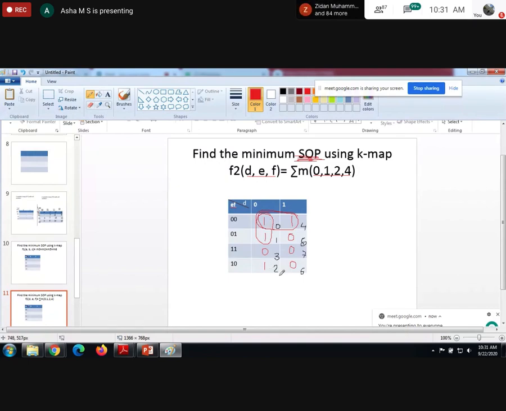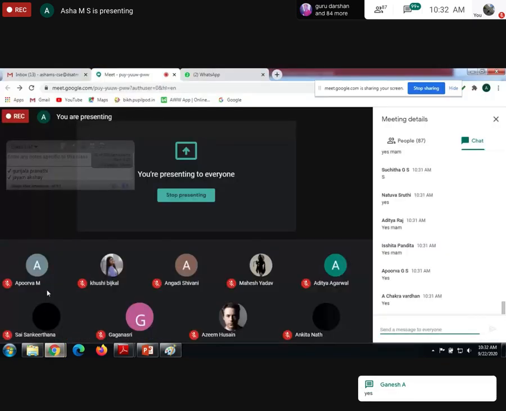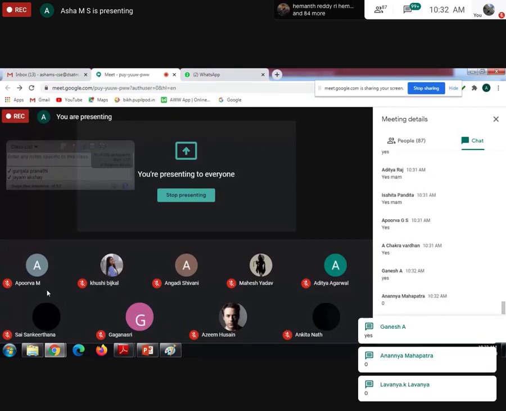Now I am left with the 1 in cell number 2. Which cell can I group this with? You say it's with 0.